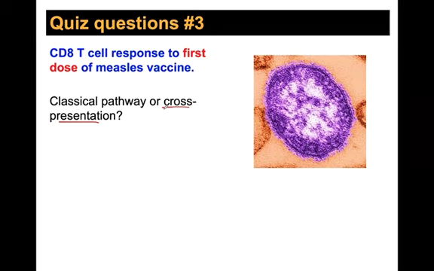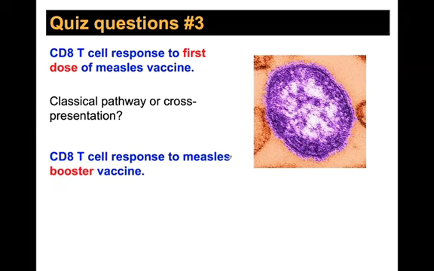So it does get in the cytoplasm and it does replicate. So in reality, the vast majority of the response is the classical pathway. Having said that, you need that first step to be cross-presentation and then the classical pathway kicks in. So it's a bit of a trick question there, but luckily I don't do that on exams.